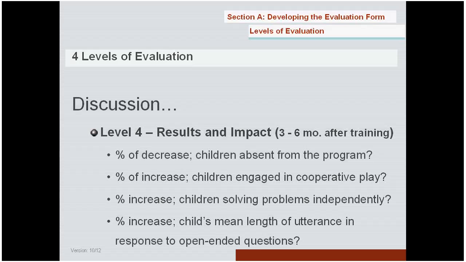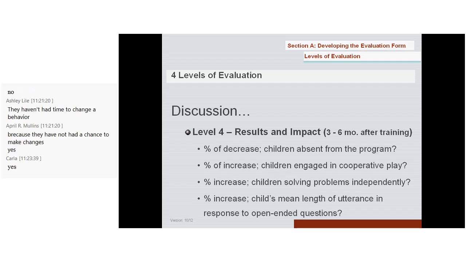The teachers started doing better hand washing with themselves and with the children, and 4 months later you looked at the absenteeism charts and the illnesses, and both had gone down. Children were less often ill, and they were missing fewer days of school. So you see how you can do that compare and contrast based on having those two pieces of information?